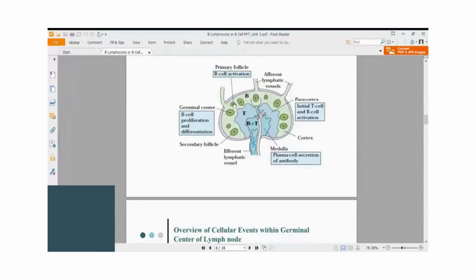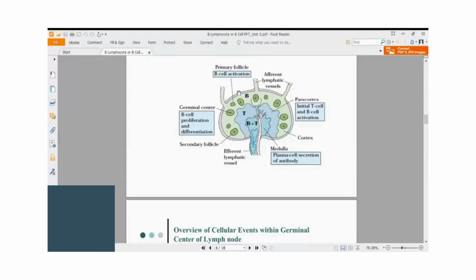At the same time, you remember that the B lymphocytes have every chance of coming in contact with the self antigens. Yes, they have to know the type of self antigens that we have. They have to learn to tolerate the self antigens.